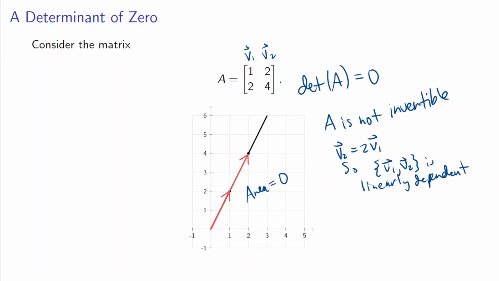We can also see, if we play around with this, and hopefully in the picture, that the span of this set is just a line, so therefore it is not all of R2. So knowing that the determinant of a matrix is 0 tells us all sorts of things.